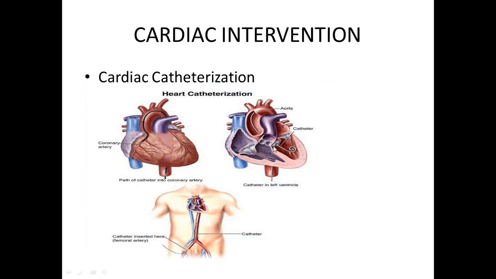Okay. We also want to look at the pumping action of the heart. When we talk about the left ventricle, the ejection fraction. To get the ejection fraction, we put what we call a pigtail catheter. So it's twisted or curled like a pigtail. We put this catheter in the left ventricle, and we just inject dye, and then because the heart is contracting and relaxing, we can see the pumping action of the left ventricle, and we can determine the ejection fraction by that method.